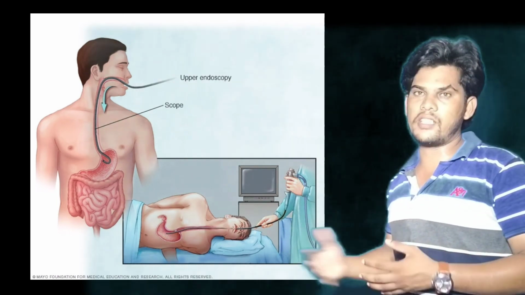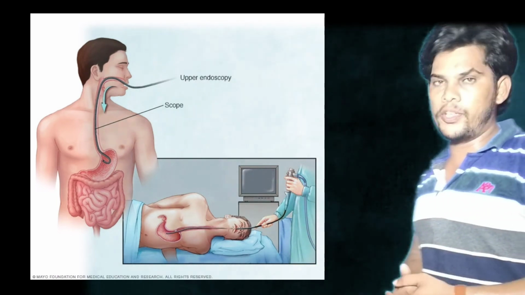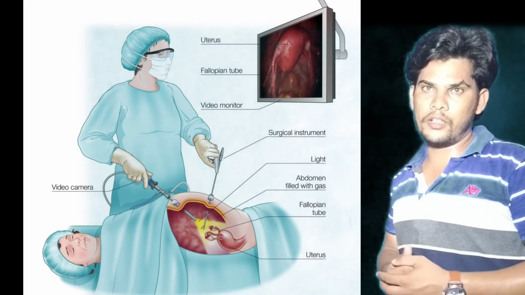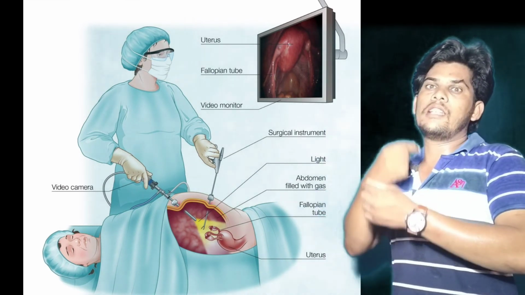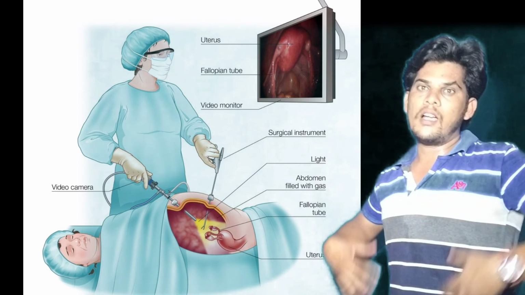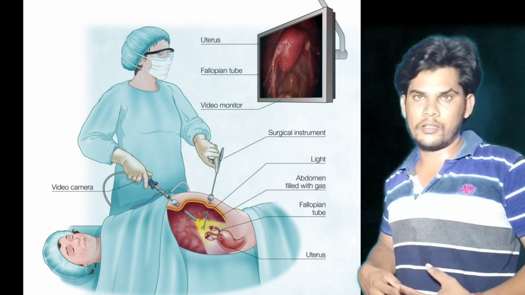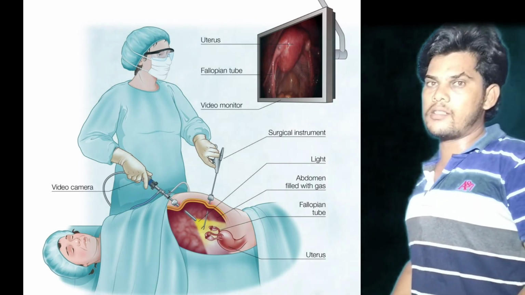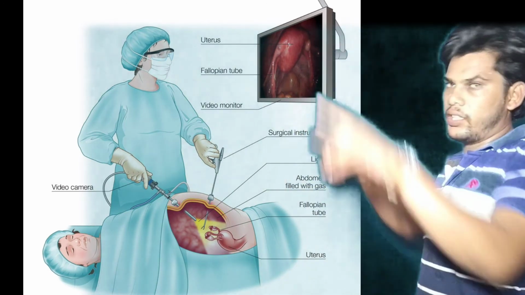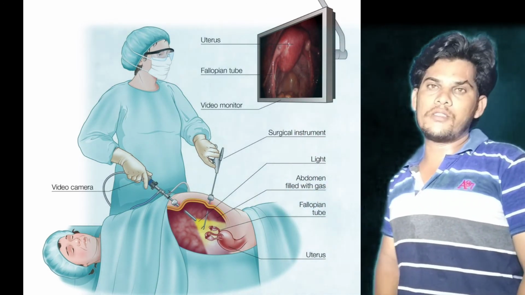It is used in surgeries like laparoscopy and endoscopy. Doctors introduce these pipes into the body because the internal parts are not visible to our eyes. To observe those internal parts on a screen, optical fiber is very useful.